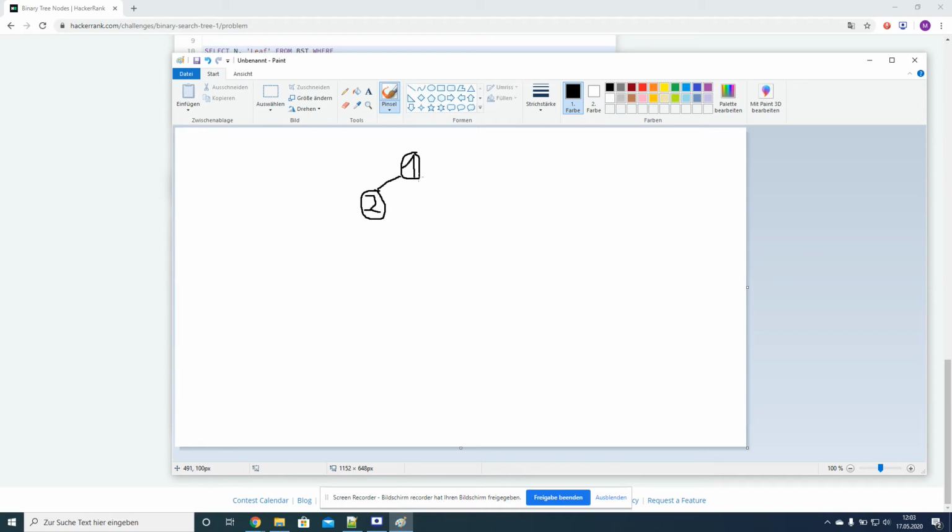And here we have another one, number 3. There we have 3 nodes. Now we come to another one, that is 4. Here we have 5. Then we have 6. And then we have 7.